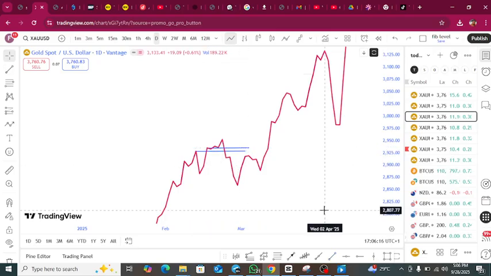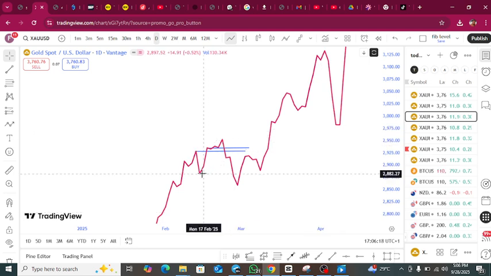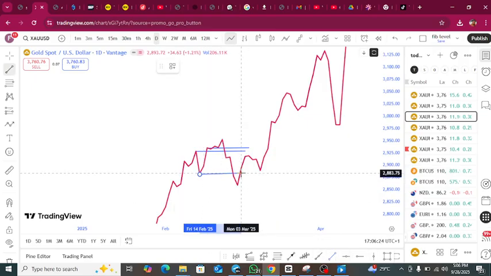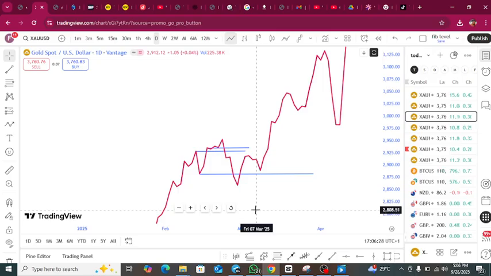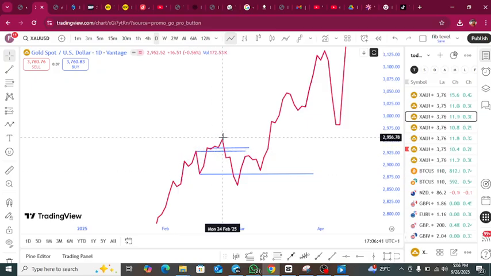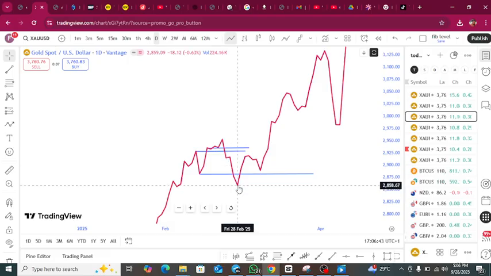Okay, price came and broke here, this low. This was a low, price came and broke it. Okay, so what happened here was this was the left shoulder, this was a low, this was a high, this was a high, this was a low, this was a higher high, and this was a lower low.